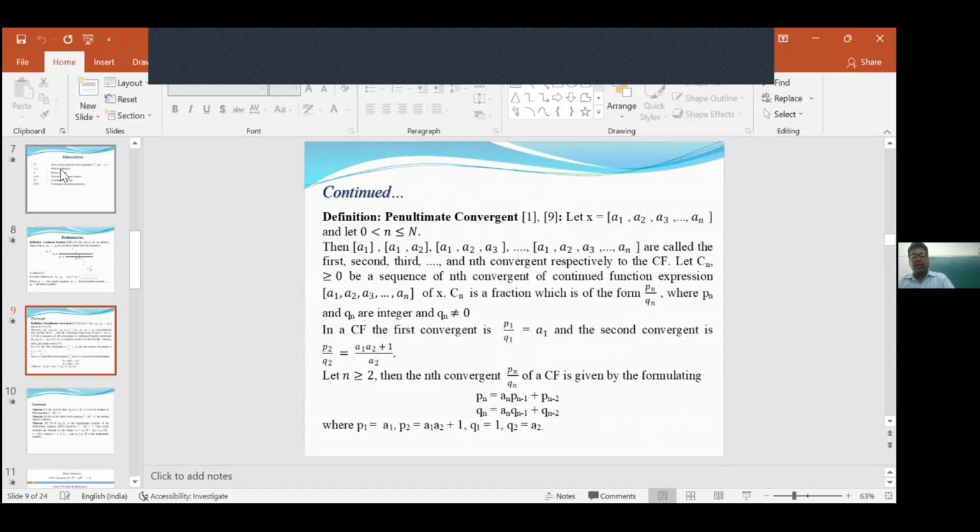Let n be greater than or equal to 2, then the nth convergent Pn upon Qn of a continued fraction is given by the formula: Pn is equal to an into Pn minus 1 plus Pn minus 2, and Qn is equal to an into Qn minus 1 plus Qn minus 2, where P1 is equal to a1 and P2 is equal to a1 into a2 plus 1, Q1 is equal to 1 and Q2 is equal to a2.